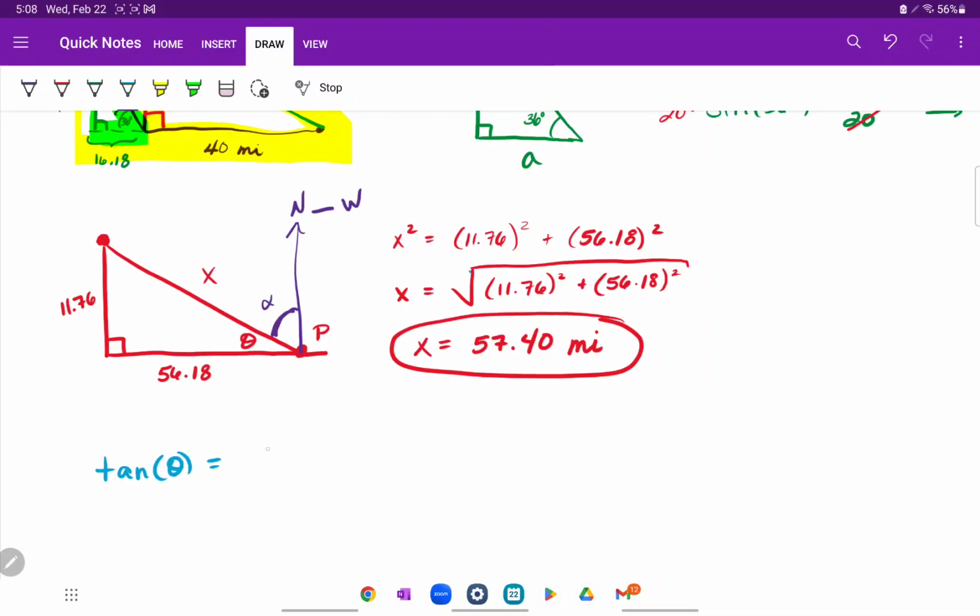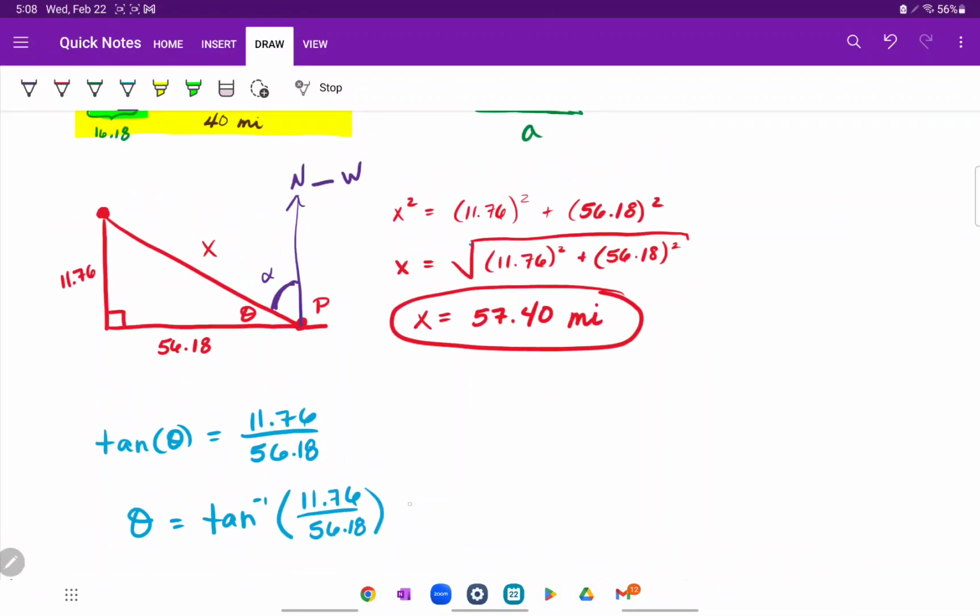Tangent of theta is going to be equal to our opposite side over our adjacent side. And then to find theta, we're doing inverse tangent of that fraction. And we get theta to be 11.7683 degrees.